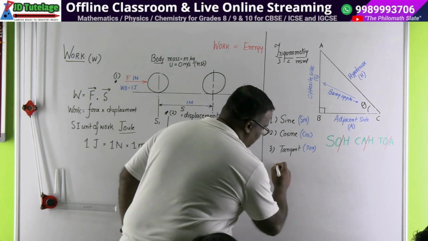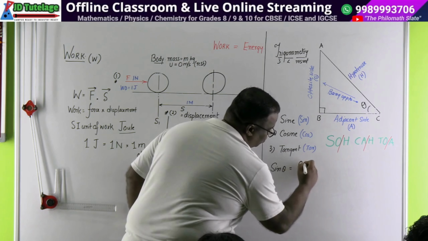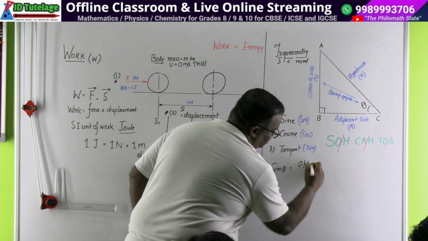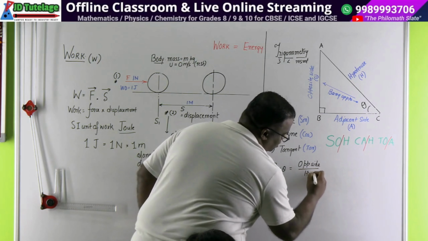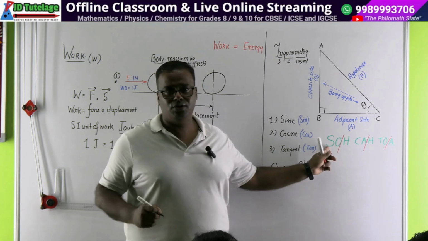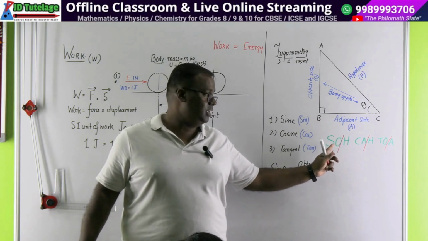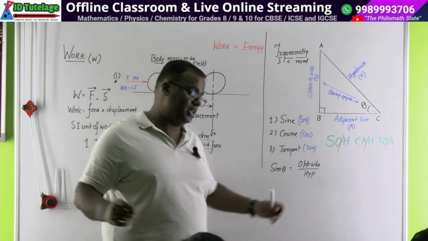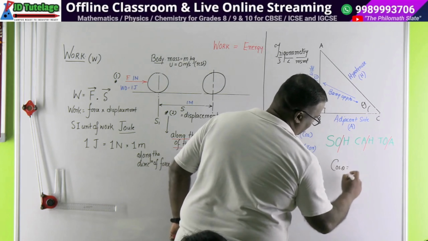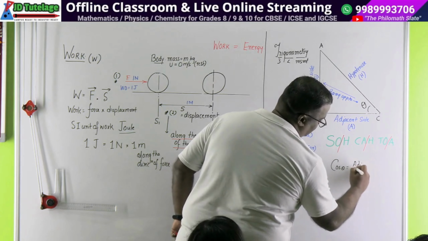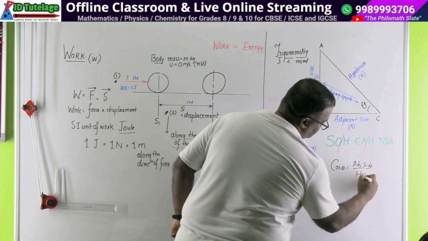So we say sine of theta will be equal to opposite side upon hypotenuse. Remember this is the way to remember. Cos of theta is equal to adjacent side upon hypotenuse.